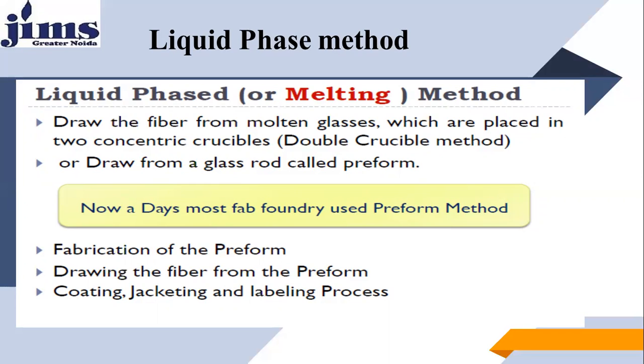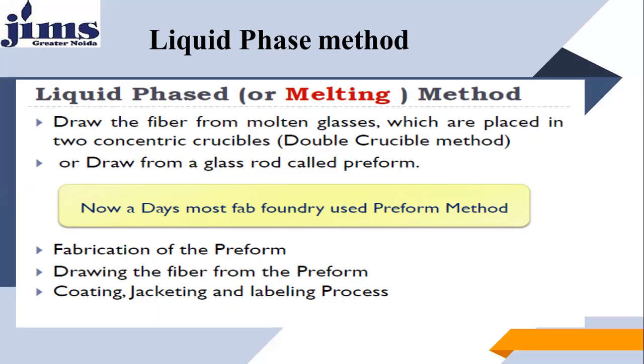There is a glass rod, of course in a molten state, and we take the glass from this glass rod, which we call a preform. Then the processes involved in this method are: fabrication of the preform, drawing the fiber from the preform, coating, jacketing, and labeling.